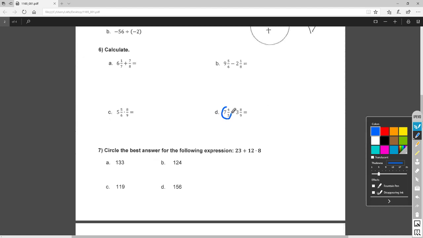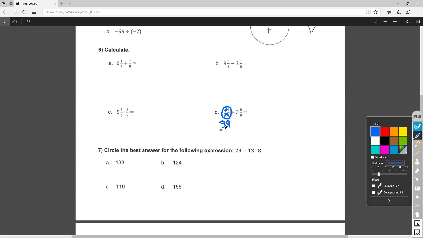So I'm going to first take each of my mixed numbers, and remember we need to change it to our fraction greater than 1. So we're going to do 7 times 5, that's 35, 35 plus our 4 gives you 39.